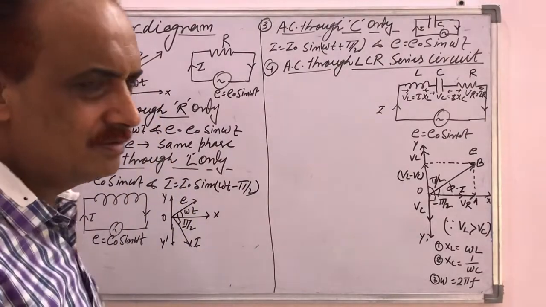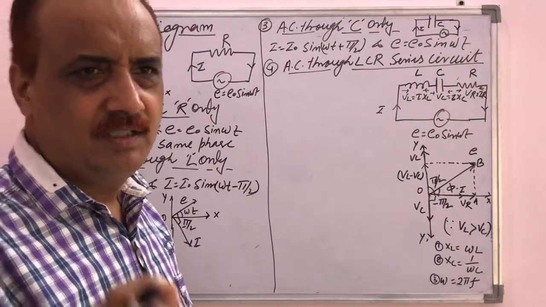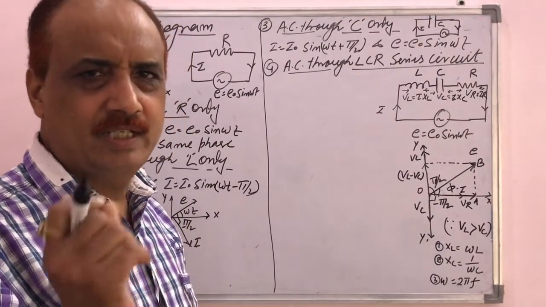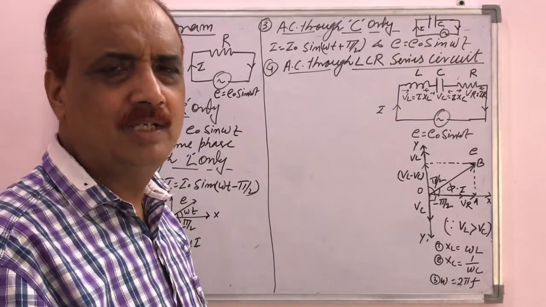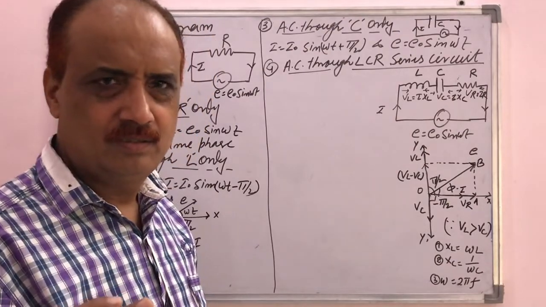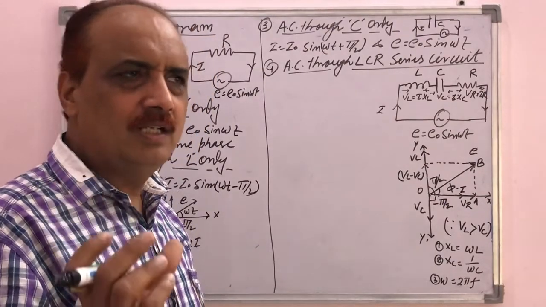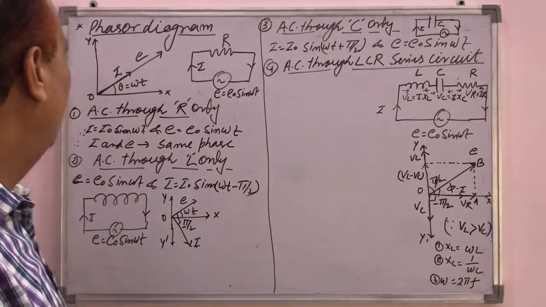Phasor diagram means the diagram representing the EMF or current. EMF or current means these are the alternating EMF and alternating current as a rotating vector along with the angle between them, that is known as phasor diagram.